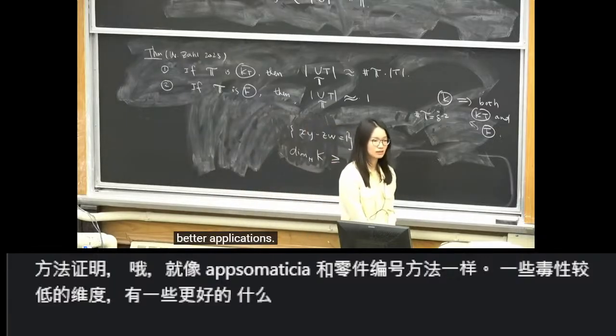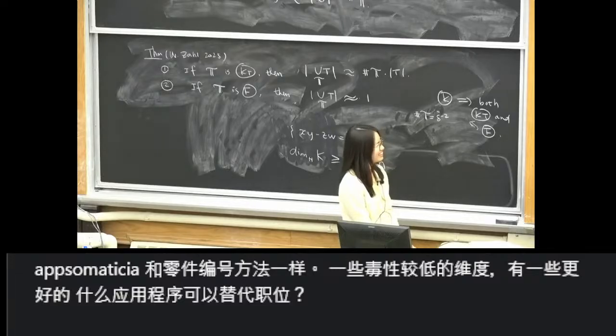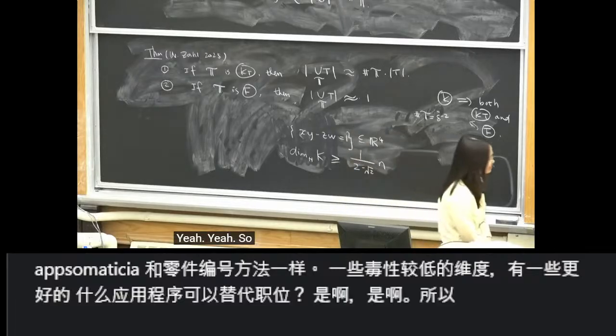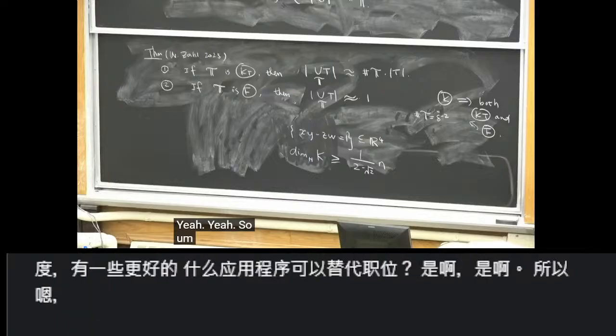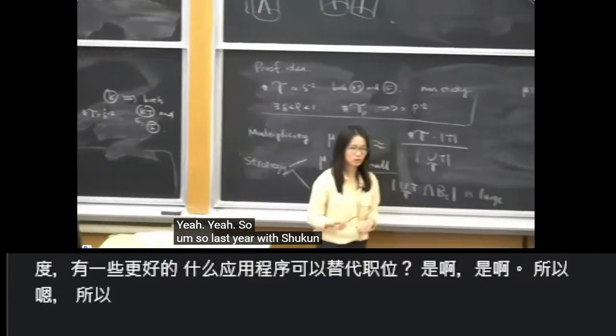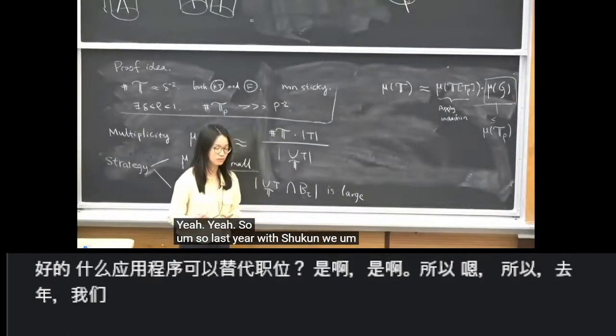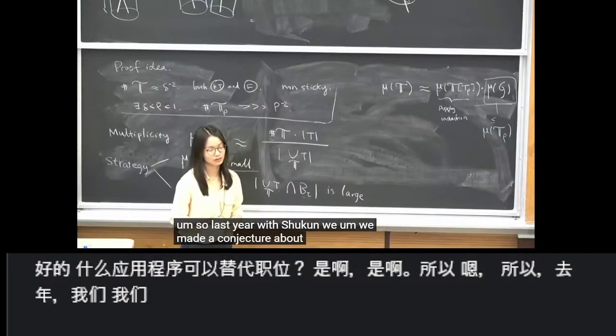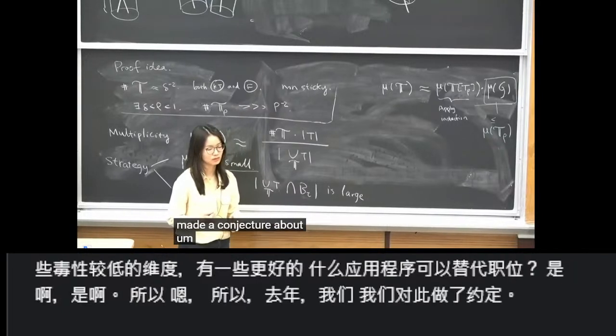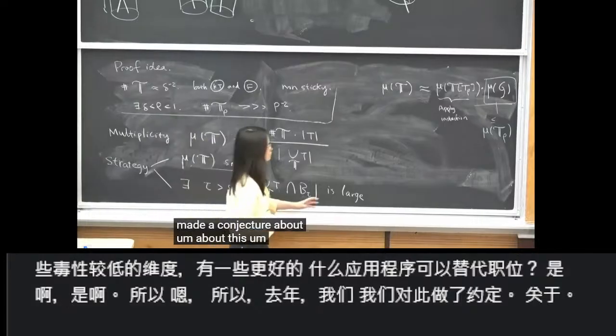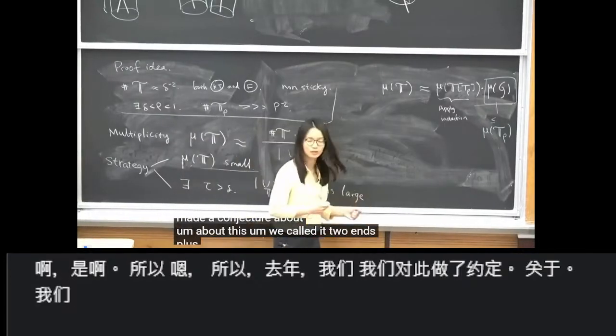What applications does that go to? Yeah. So last year with Shukun Wu, we made a conjecture about this. We call it the 2n Furstenberg conjecture.